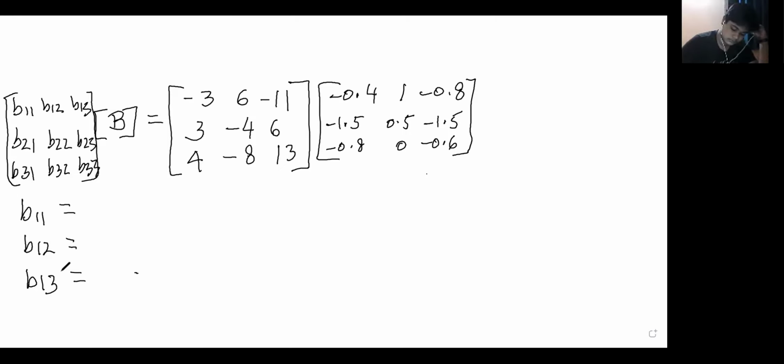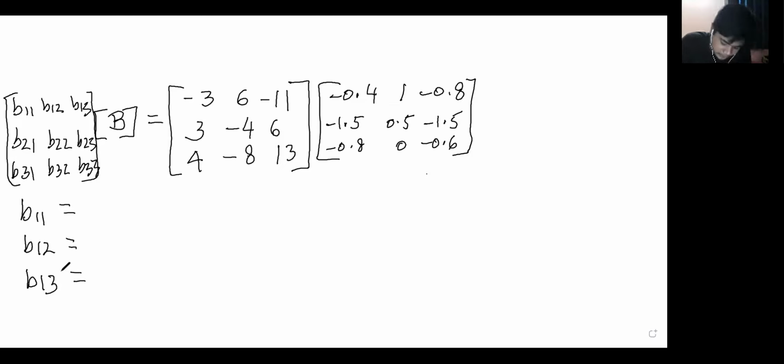So calculate, let us see what you will get. B11 is equal to minus 3 into minus 0.4 plus 6 into 1, no. How do you multiply matrices?